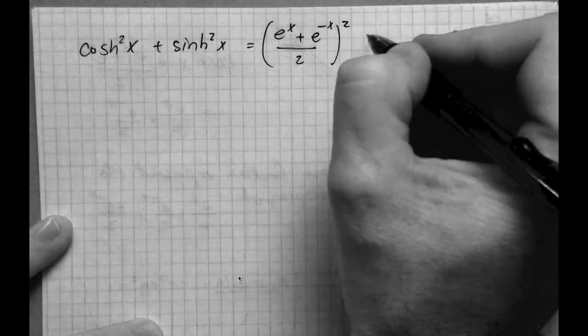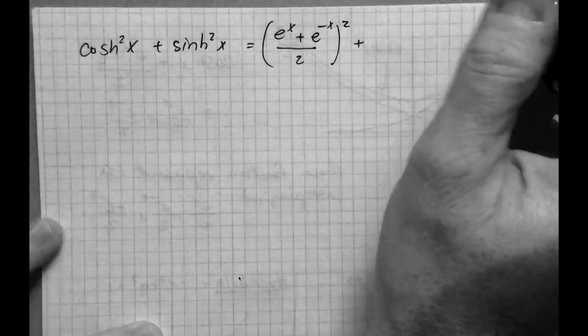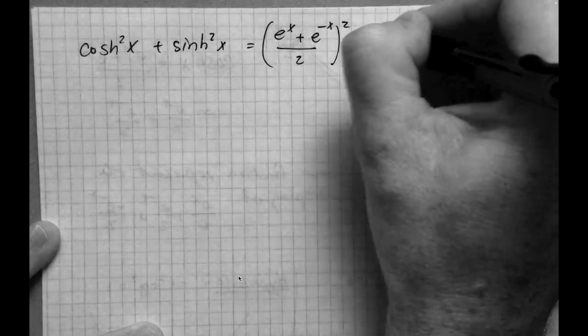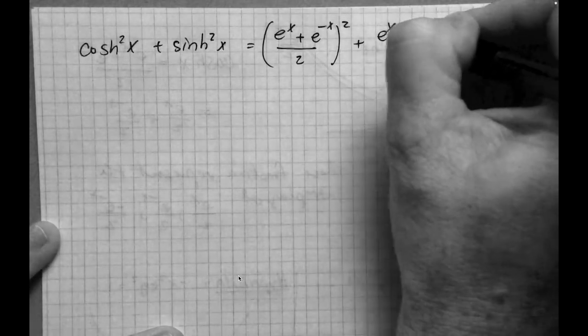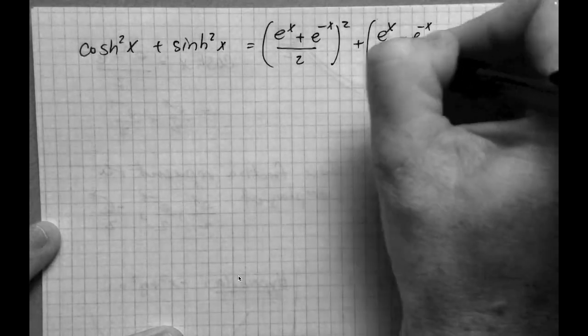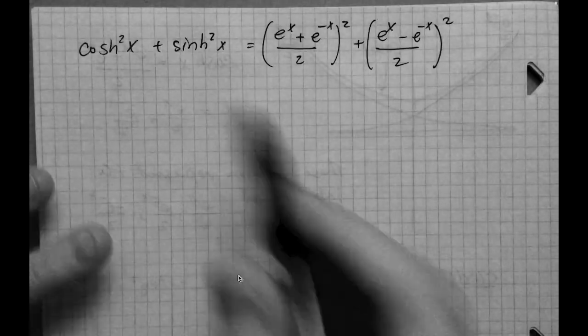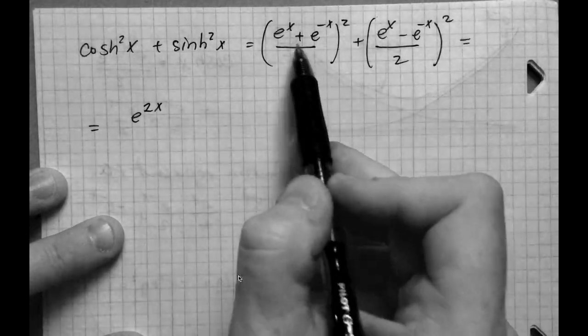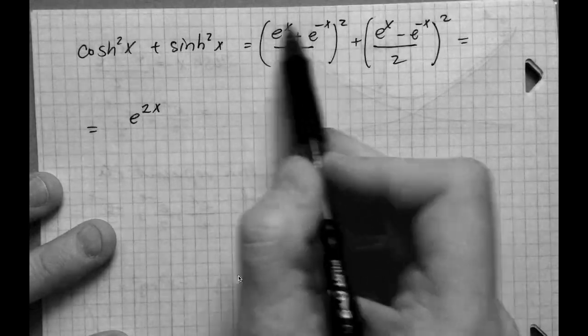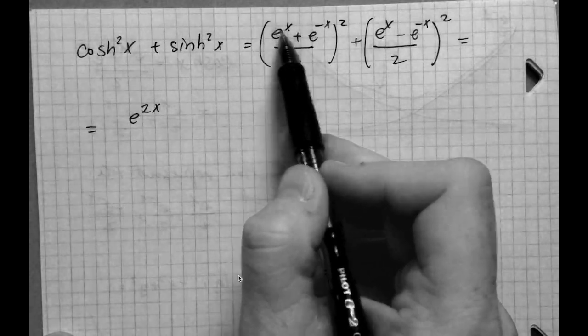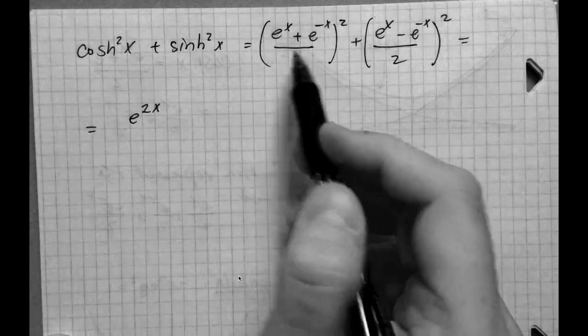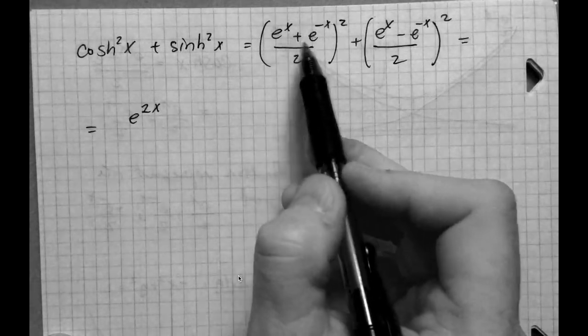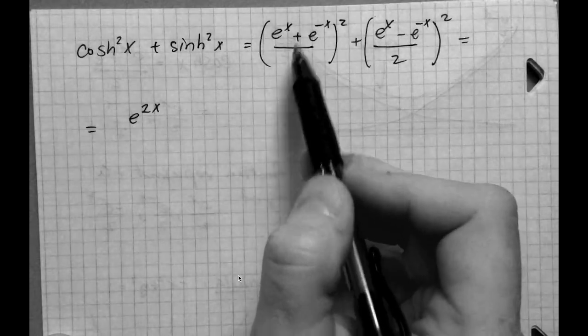Right, and then if I add to that the hyperbolic sine, right, like so, then if I were to expand all of this, I get e to the 2x. If I FOIL out this numerator, I get e to the 2x, e to the negative 2x, and then in the middle I get plus e to the x times e to the negative x, plus e to the x times e to the negative x.